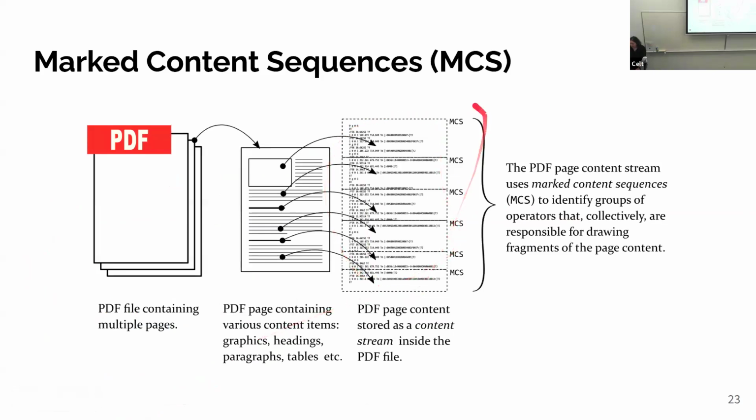The content stream has different marked content sequences, or MCSs, to identify groups of operators that collectively are responsible for drawing fragments of the page content. So the software that processes this information knows what it needs to draw to generate the actual PDF page, in what order it needs to draw it, or whatever other parameters are specified here.